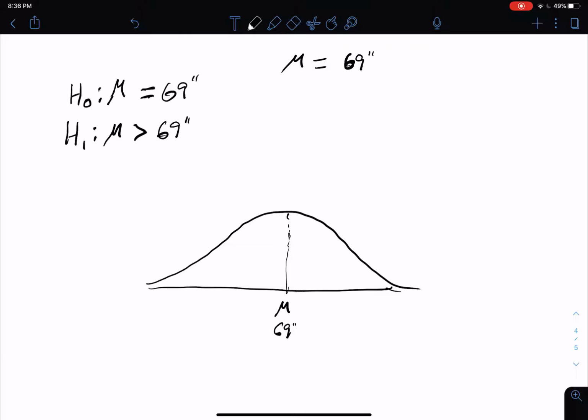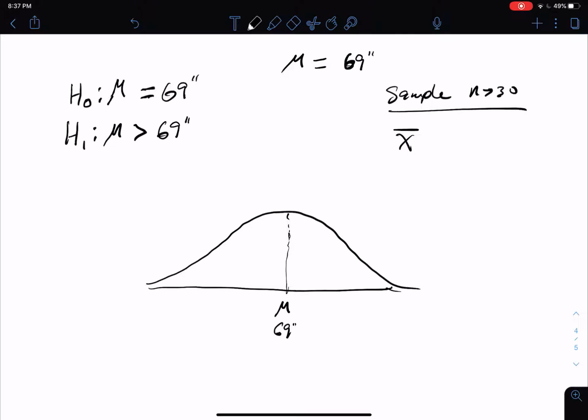Then we do some sampling, a simple random sample. We want those samples to be greater than 30, and it must be greater than 30 if it's not from a normally distributed population. From our samples, we're able to get our sample mean, or X bar.